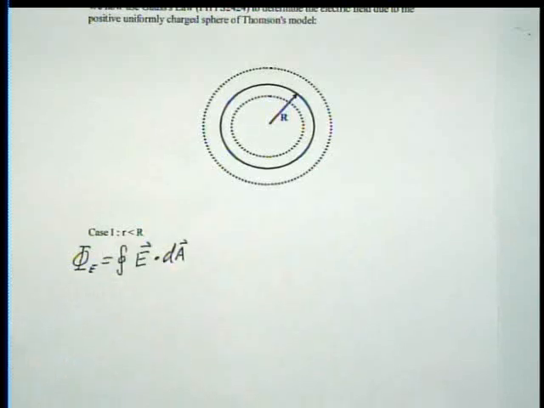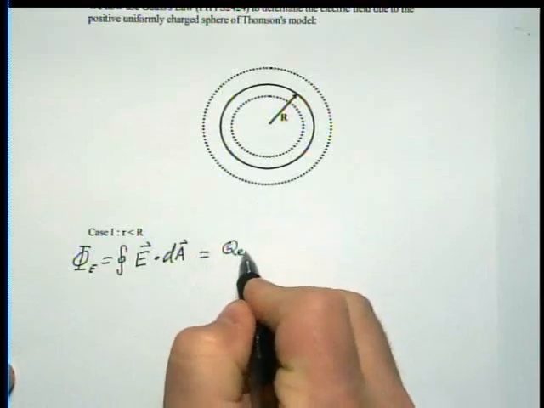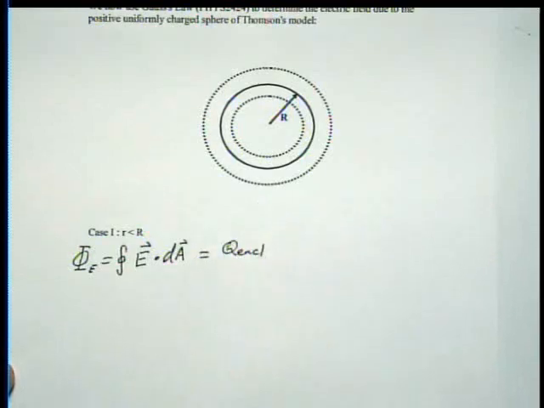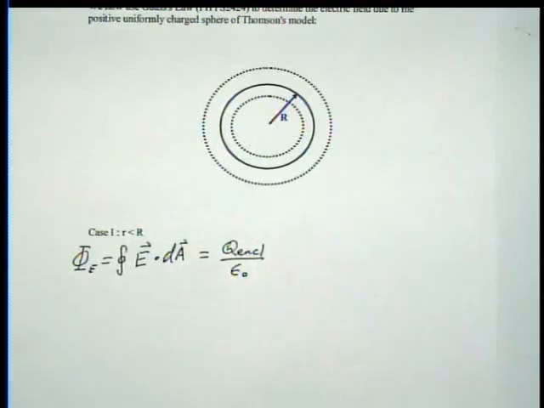And if you integrate over a closed surface, for a closed surface only, which is why the circle, then it's equal to the enclosed charge inside of that area divided by epsilon naught, the permittivity of free space.